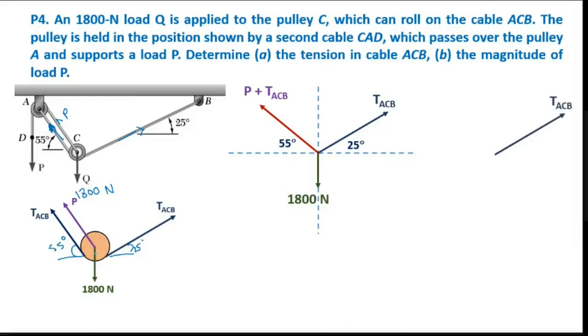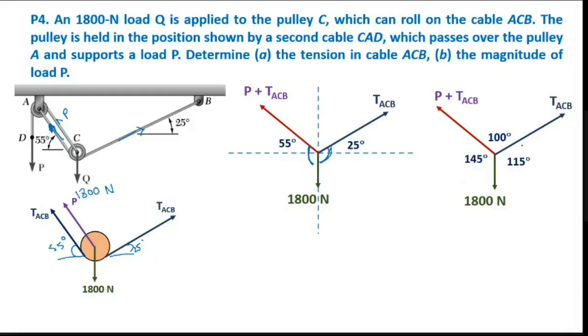Applying Lami's theorem, these are the values of your angles. This is 90 plus 25, this is 90 plus 55, and the remaining angle is 360 minus the rest. So overall, I got this.